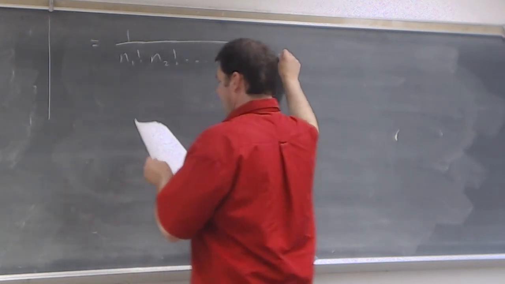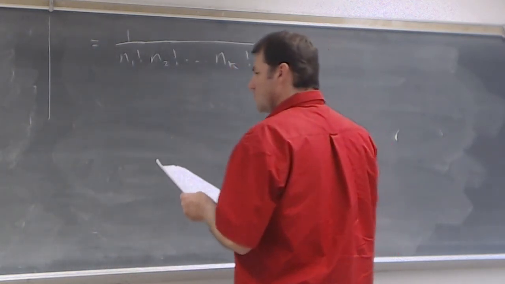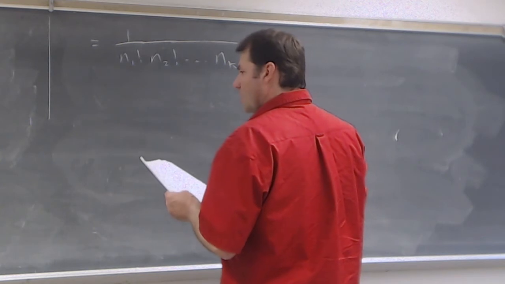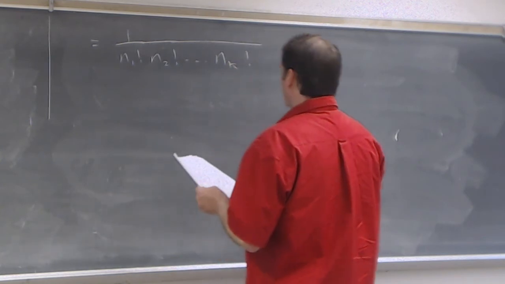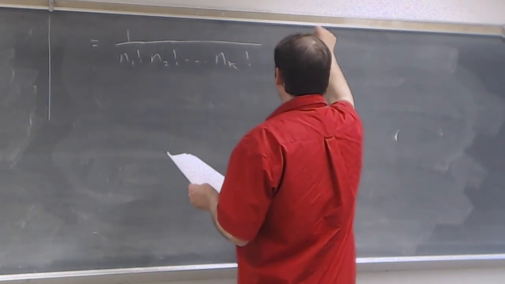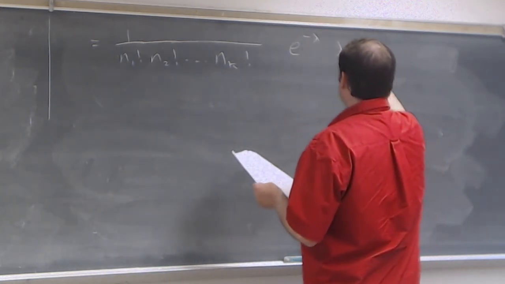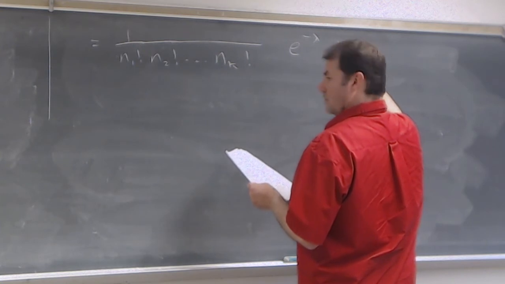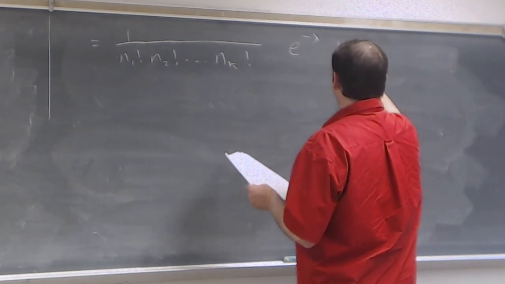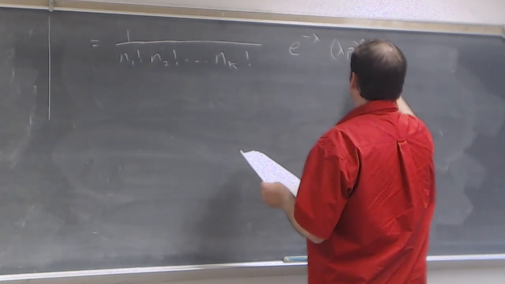That's what's in the bottom. And then we're going to have e to the minus lambda, and then lambda p sub 1 raised to the n sub 1. Okay?